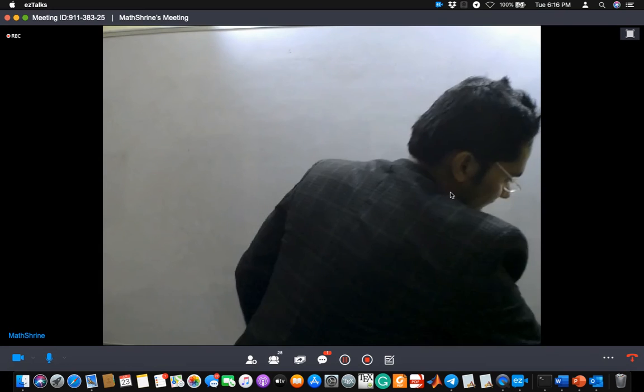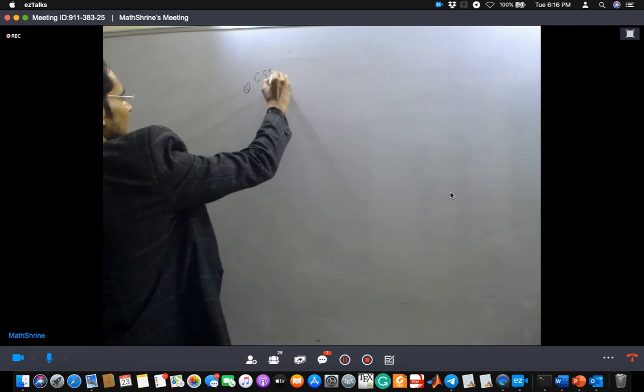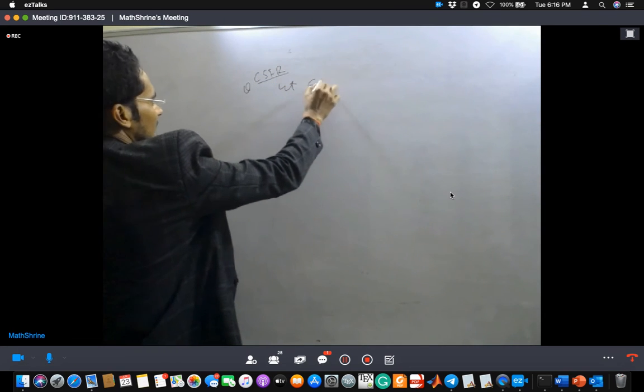Okay, so one interesting question in the CSIR: let f be holomorphic on C. What is the meaning of this? This implies that the function is an entire function.